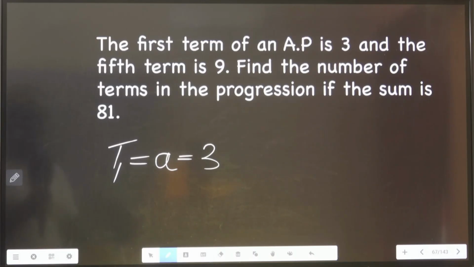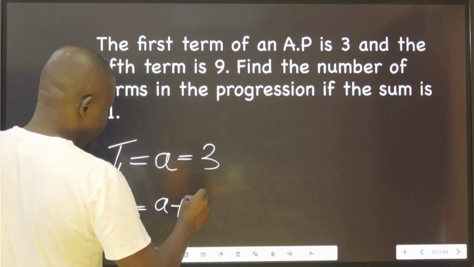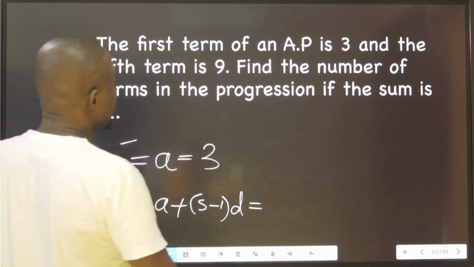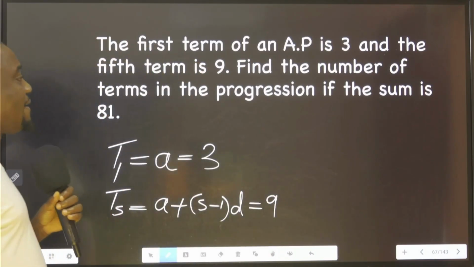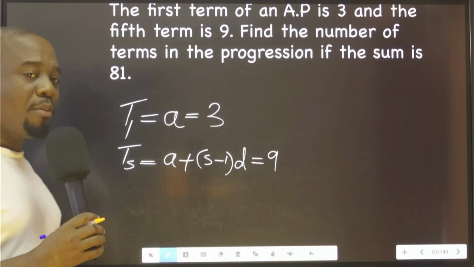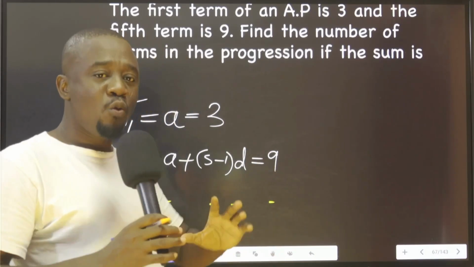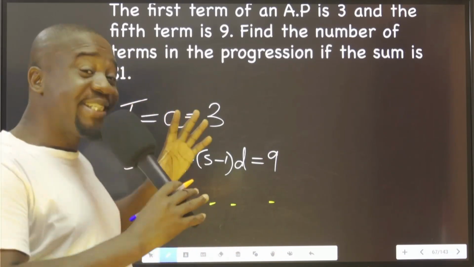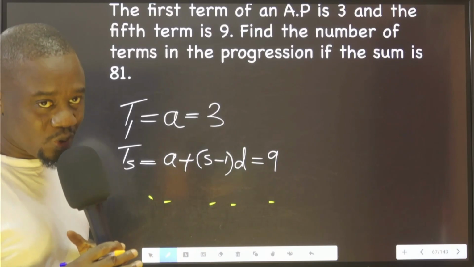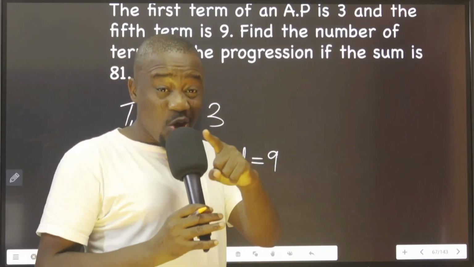The fifth term, which is A plus 5 minus 1, D, is equal to 9. Find the number of terms in the progression if the sum of those terms is 81. You have terms. When you add them together, you have 81. Okay? So the question is asking you to find the n from the sum equation.